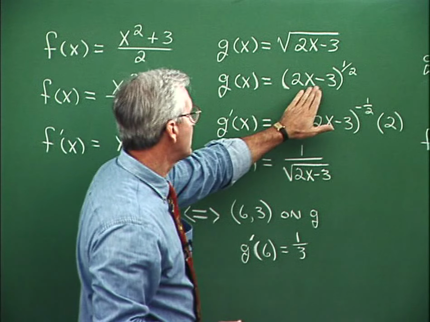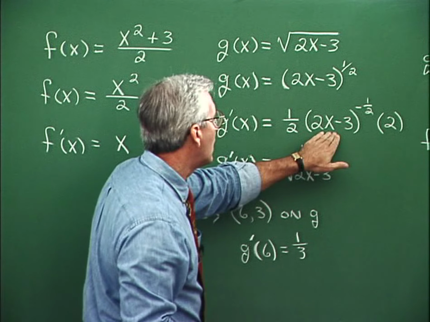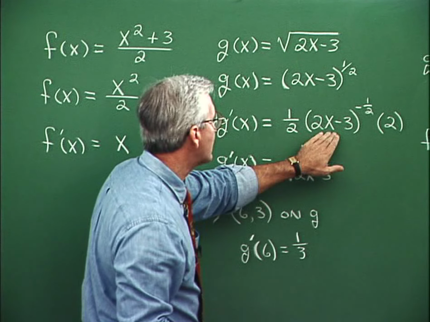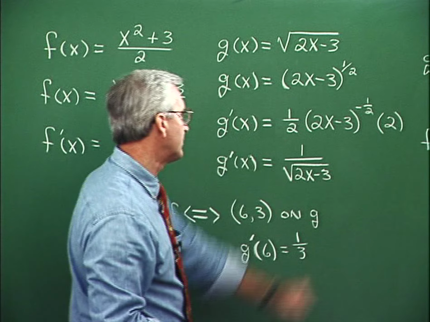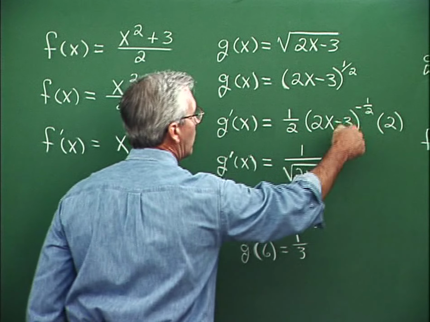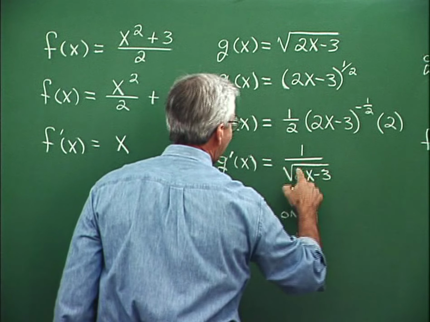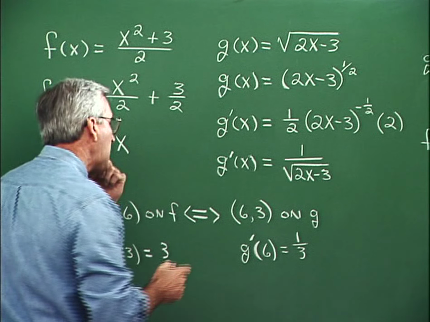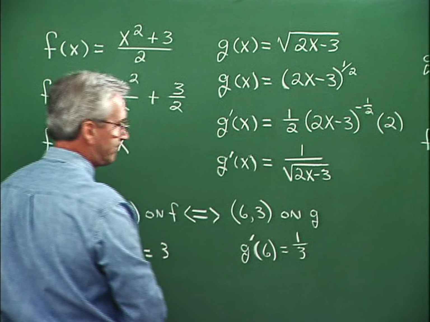G of x then is 2x minus 3 to the 1/2. G prime of x is 1/2 times 2x minus 3 to the negative 1/2 times the derivative of this part, which is 2. And then the 2 times 1/2 goes out, and the negative 1/2 kicks this binomial into the denominator, and the 1/2 causes us to have a radical. So g prime of x is 1 over the square root of 2x minus 3.